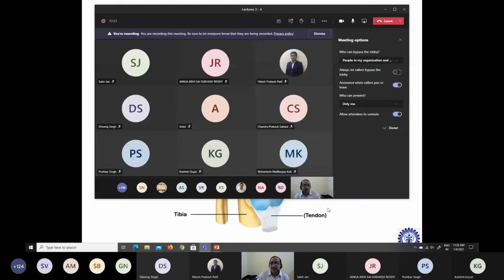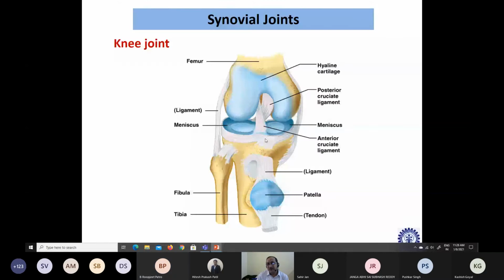Sir, is this a view of the knee joint from the front or the back? This is from the front, because you can see the front parts mostly. It's not really front, it is a bit oblique, but you are looking more from the front, and it is a right knee. That's the reason this is lateral and this is medial.